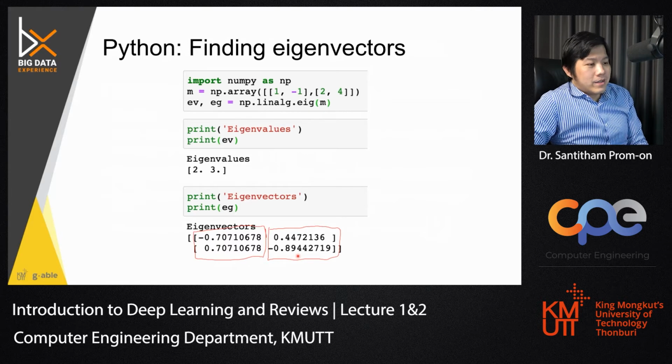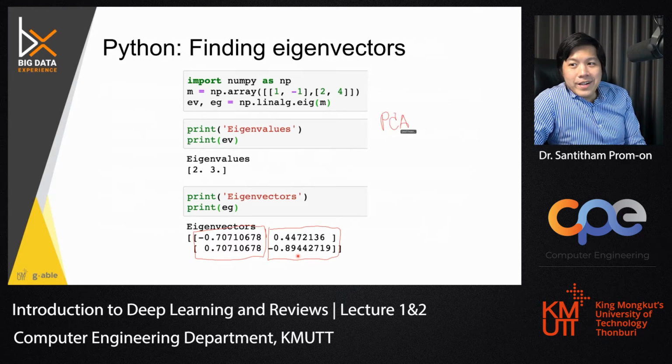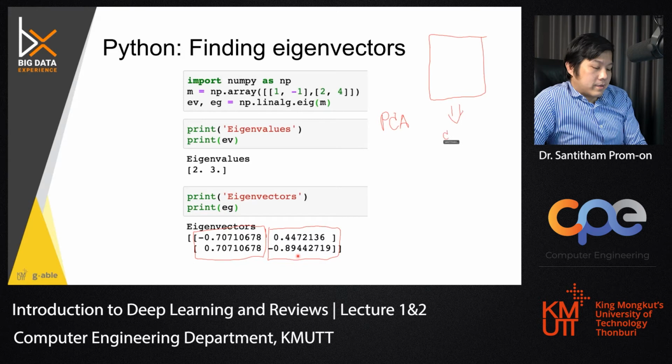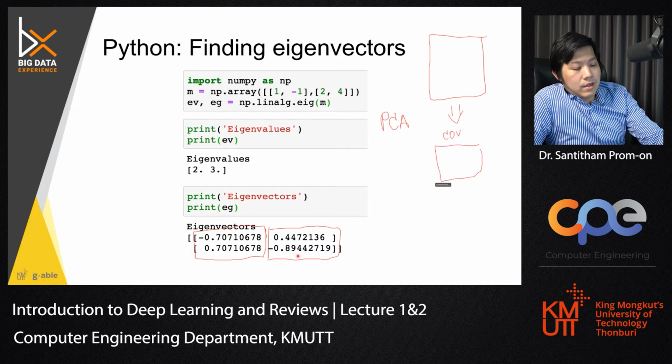What have I done here? So the technique known as PCA that I talked about requires that you have tabular data. It usually reduces the data into principal components. When doing this, it needs to calculate the covariance so that you have the square matrix.